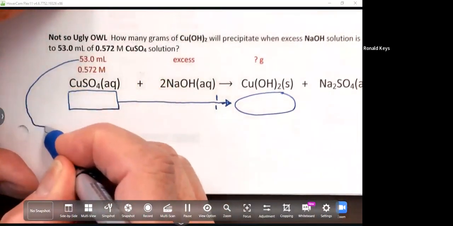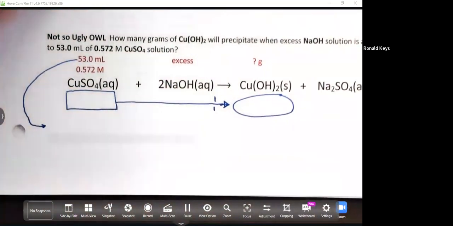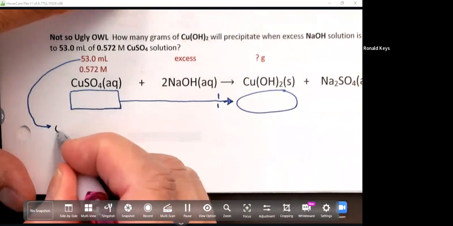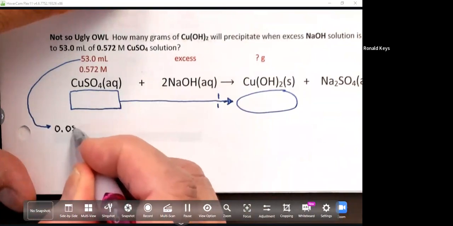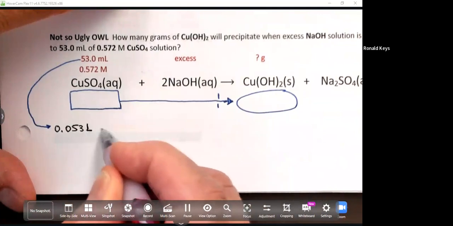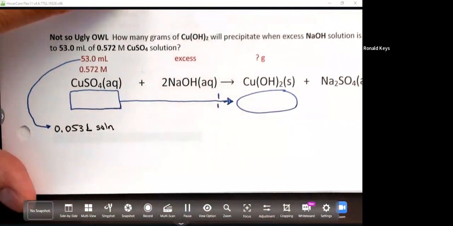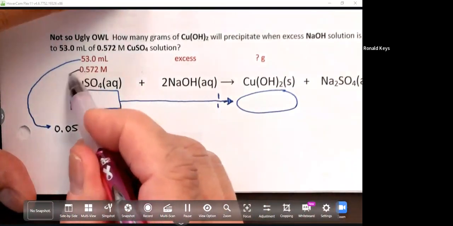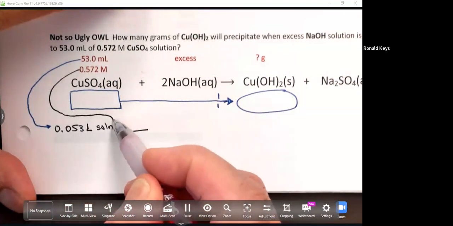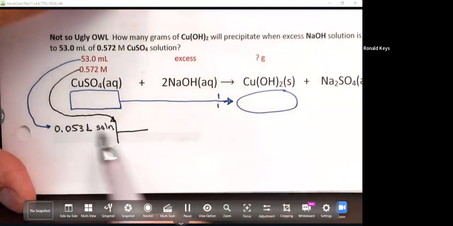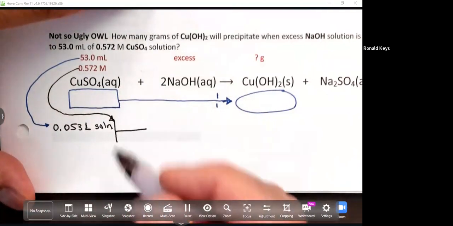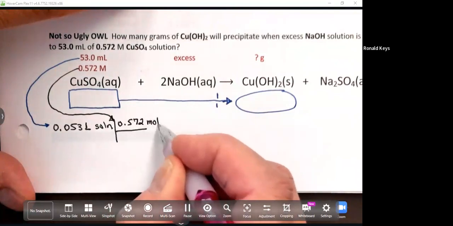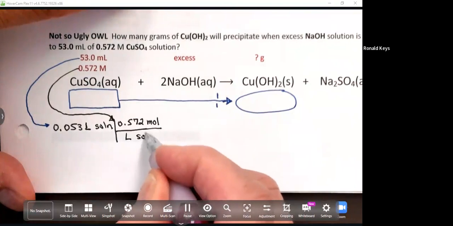How do I get moles here? This is a single unit number. Start with that. Put it in liters. How many liters? 0.053 liters of solution. Bring down my molarity as is. I'm not going to flip it. What does that big M mean? 0.72 mole per liter of solution.